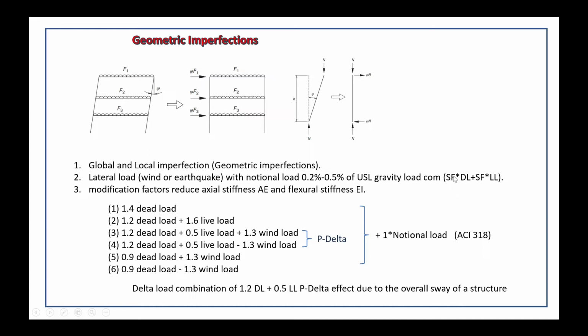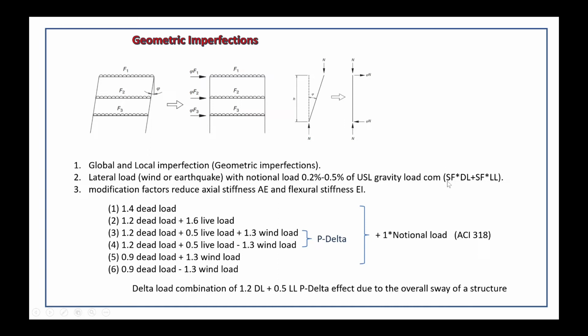If you use the ACI code, you can use the ultimate load according to the recommendation, and for the EUROCODE you can use 1.35 multiplied with the dead load plus 1.5 multiplied with the live load, and you take the value and multiply with 0.2% and apply this load on each floor.